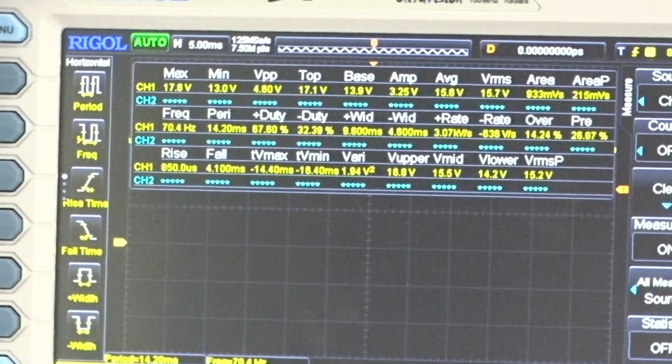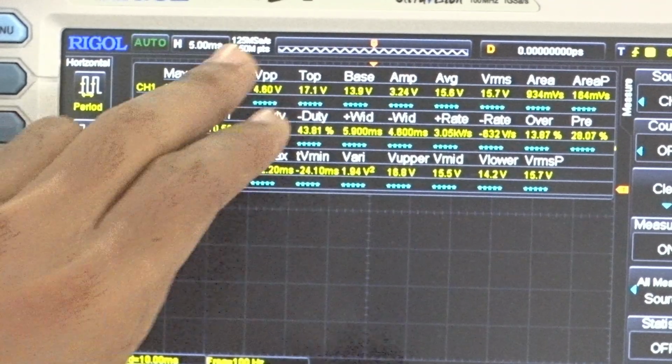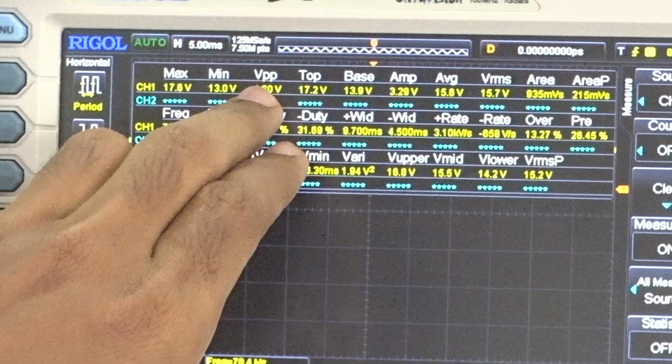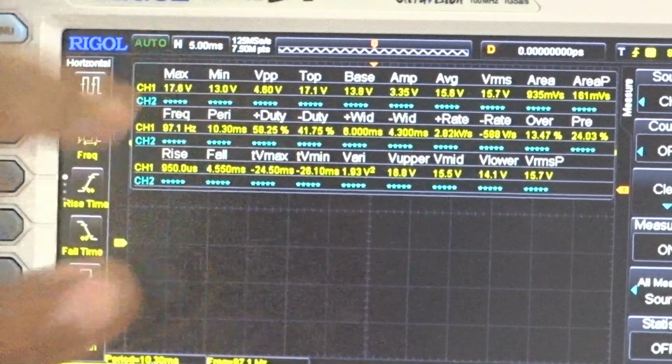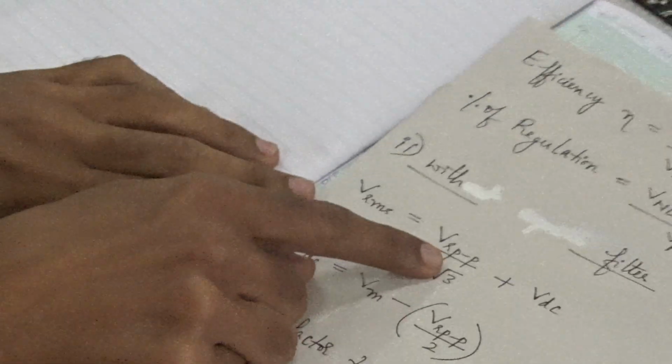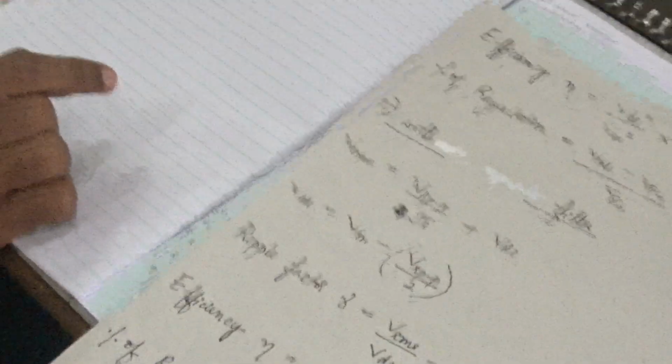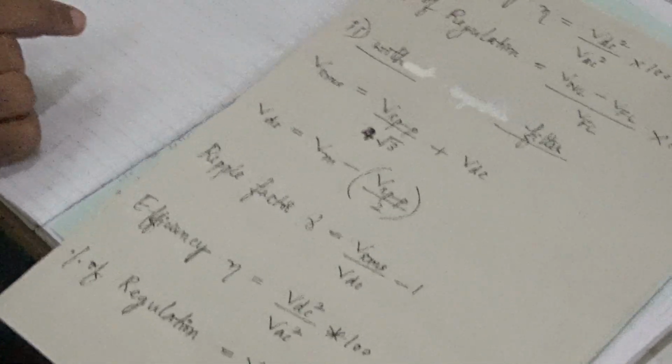After noting down this peak to peak ripple voltage value, find out the RMS value, and along with the ripple voltage we need to note down the maximum voltage, which is V suffix m.